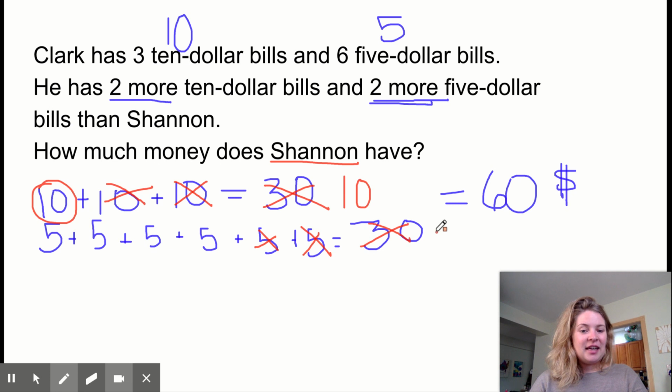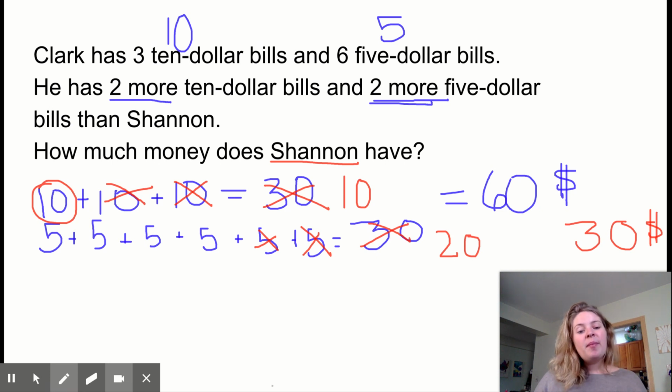So Shannon has $20 with her $5 bills. So now we'll add 10 plus 20. We can do that quickly in our heads. $30. So how much money does Shannon have? Shannon has $30.